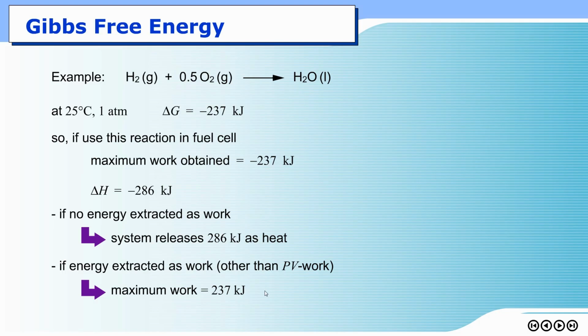The difference here is 49 kilojoule. What does it mean? Why can't we extract all the energy as work? Again, you have to notice that now heat and work are not equivalent according to the second law. Let me keep this difference, 49 kilojoule, here as the blue letters.